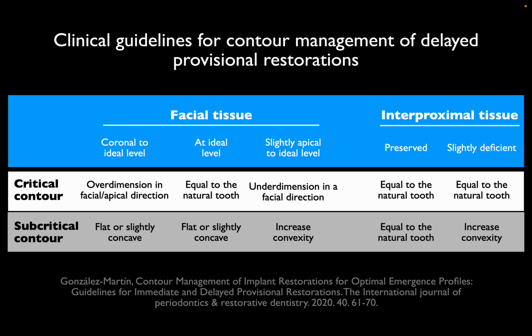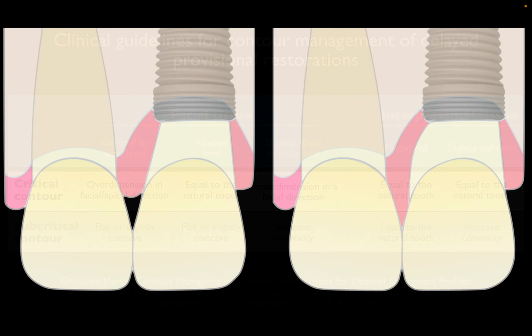Now, in terms of the gingival embrasure and fill, if it's slightly deficient, as is the case in Barbara's case, what we can do in the critical zone is widen the restoration or the abutment, increase the convexity, and push the tissue against the adjacent tooth, which will also push the tissue more incisally. So what am I talking about?